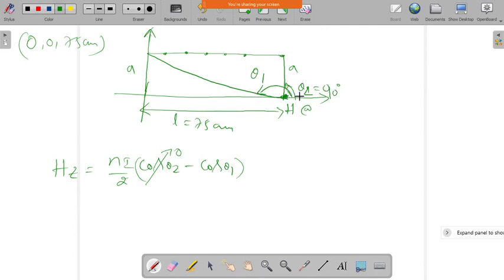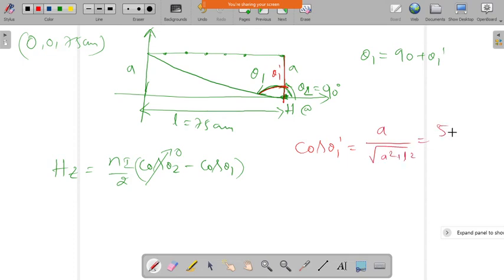Theta 1 we can write as 90 plus theta 1 dash. We write this from this angle theta 1 dash. Now we can find out what is cos theta 1 dash, which is A and this is L, so it is A by square root of A square plus L square.